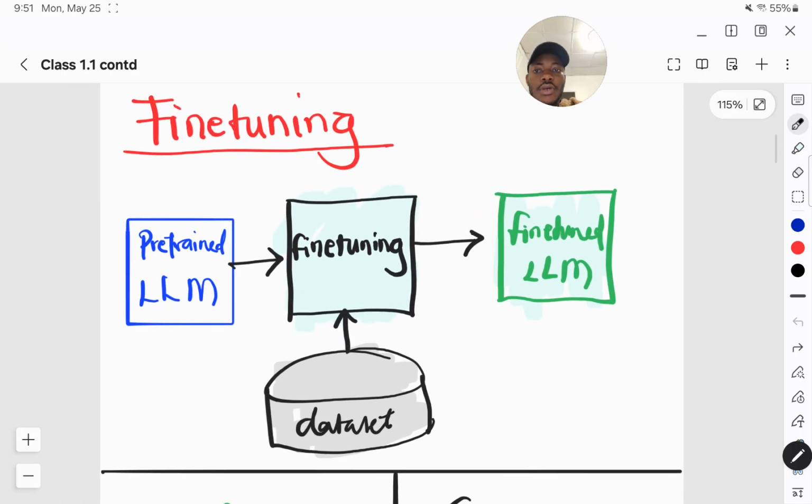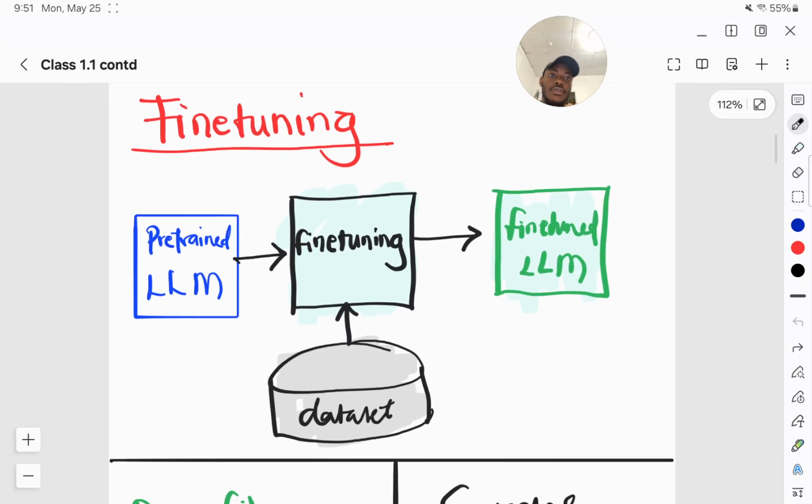So today we'll look at fine-tuning. What is fine-tuning? From the way it sounds already, we understand that fine-tuning essentially means making something better. It is usually a domain language for large language models recently. So we would have a pre-trained LLM.